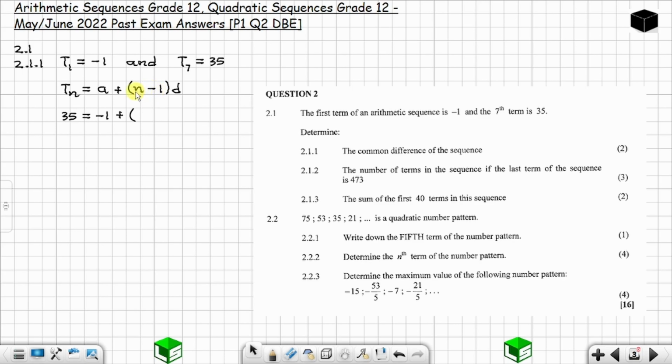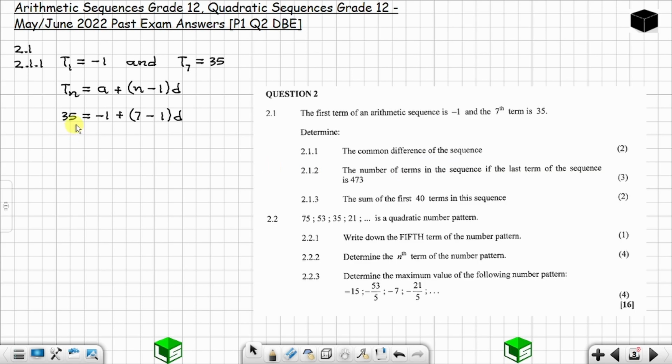Your n is 7 because the position of 35 is 7; this is the seventh term, and the seventh term is 35. So you have 7 minus 1, close your bracket, times D. And so from here, you can solve for D, the common difference.